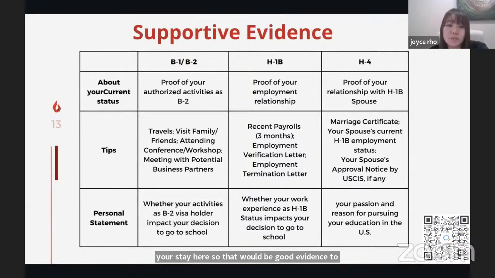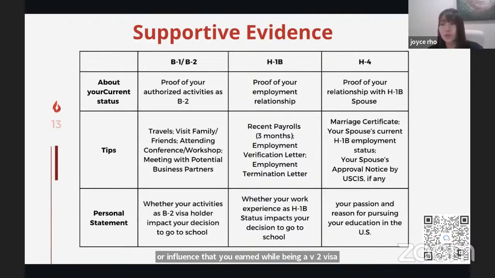And in your personal statement as a B1, B2 visa holder, I recommend that you find any impact or influence that you gained while being a B2 visa holder in the United States that makes you go to school in the United States.